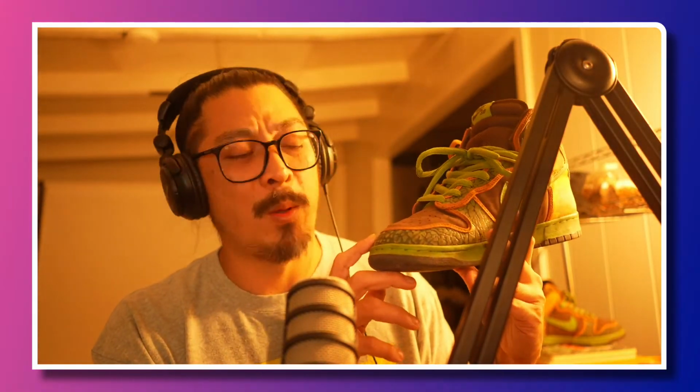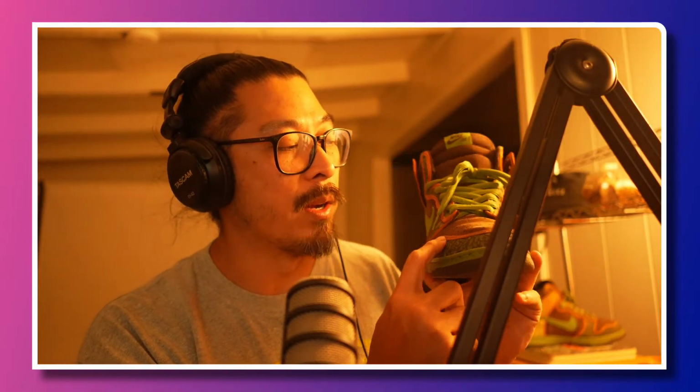So when De La came out with this green elephant print, it was just wild. And being from Hawaii, anything with green and orange feels like UH, or kind of Hawaii-ish. And they got this brown suede. This is definitely one of my favorite Nike SBs that they made.